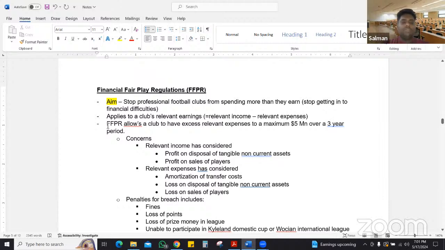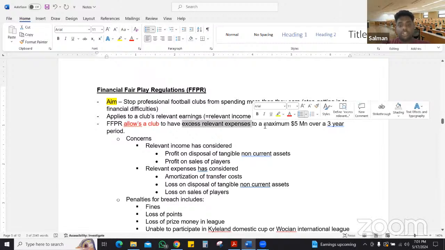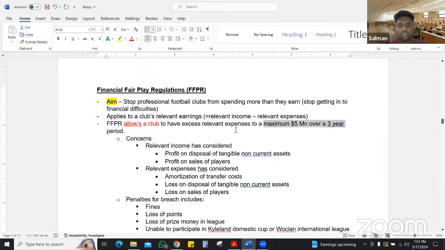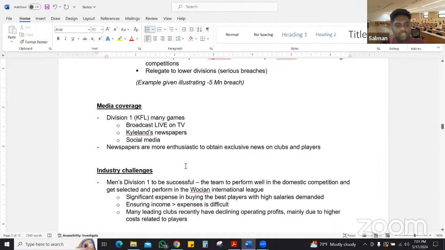So financial fair play regulation allows a club to have losses or excess relevant expenses of a maximum of 5 million over a 3-year period. So the regulation will not get involved unless this happens. Over a continuous 3-year period, the cumulative loss should not exceed 5 million.